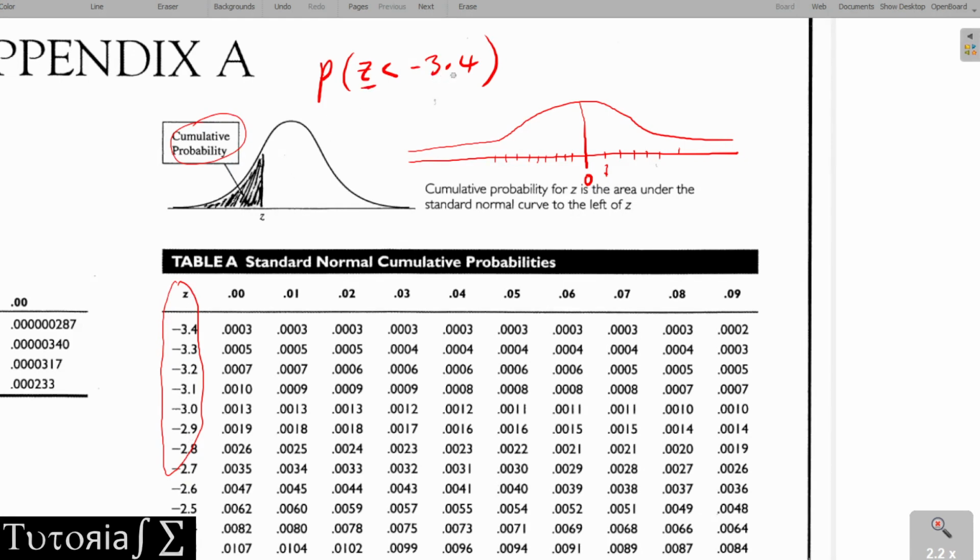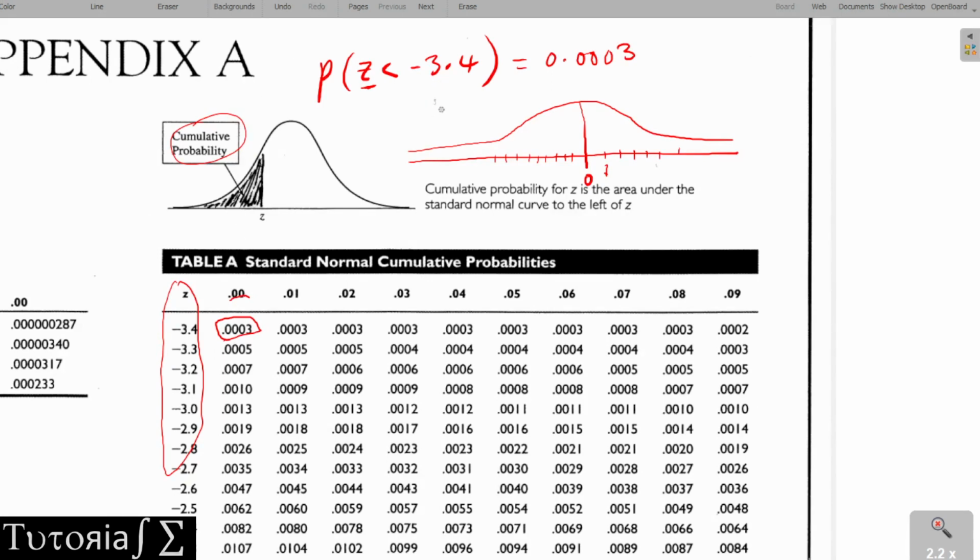We look for negative 3.4, which is here. And since there are no numbers here, so this is 0.0, so we come under 0.0, then which is that. So that is the probability of getting less than negative 3.4, which is 0.0003. There's a point here, meaning that it's 0.0003. Okay, let me give another example.